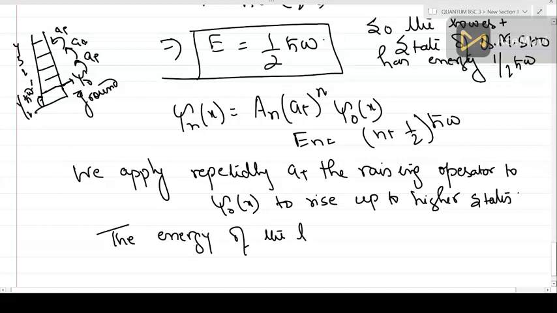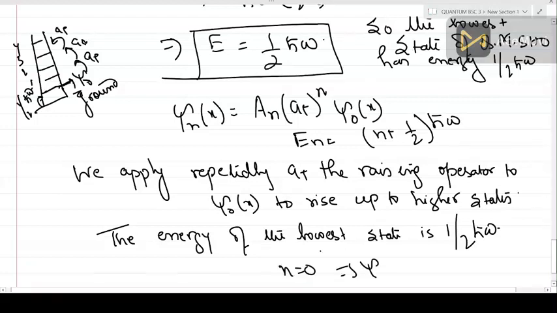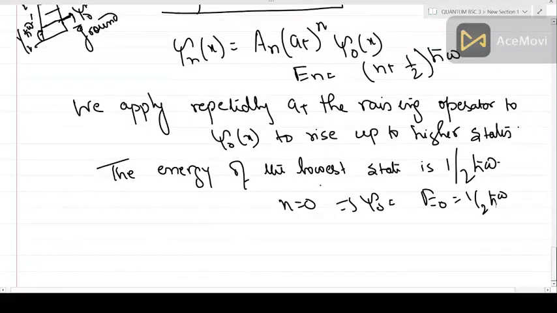The energy of the lowest state is 1 by 2 h bar omega. So if you put n equal to 0, you are getting this state psi 0. n equal to 0 means psi 0, and your energy E0 will be 1 by 2 h bar omega. Now what is the difference from other situations?